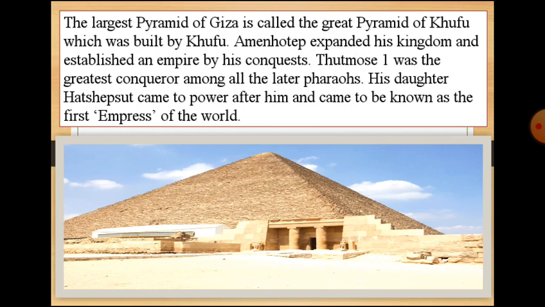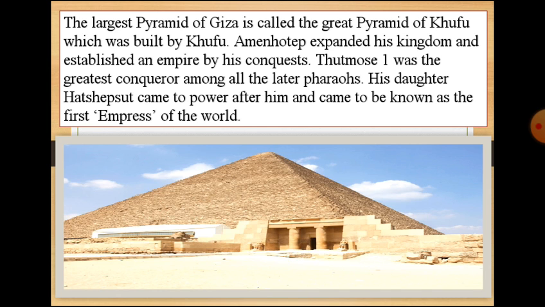The largest pyramid of Giza is called the Great Pyramid of Khufu, which was built by Khufu. Amenhotep expanded his kingdom and established an empire by his conquests. Thutmose I was the greatest conqueror among all the later pharaohs. His daughter Hatshepsut came to power after him and came to be known as the first empress of the world.